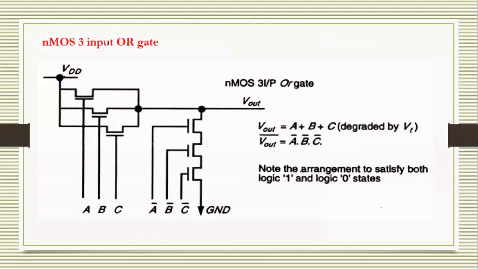In the left side circuit, 3 NMOS pass transistors are connected in parallel. A, B, C are the control inputs applied to the gates of the NMOS pass transistors. VDD is applied to the pass input.